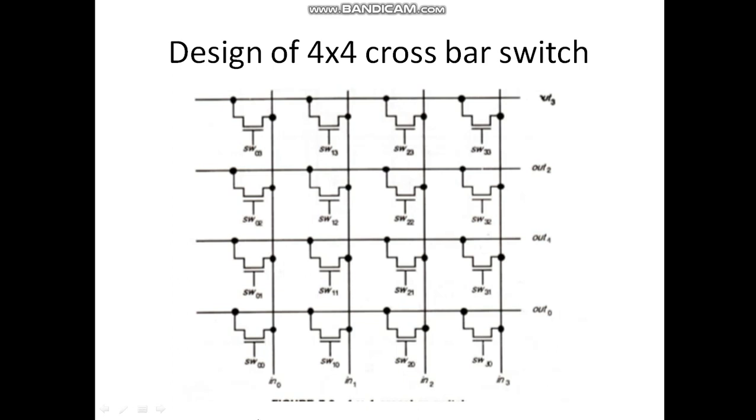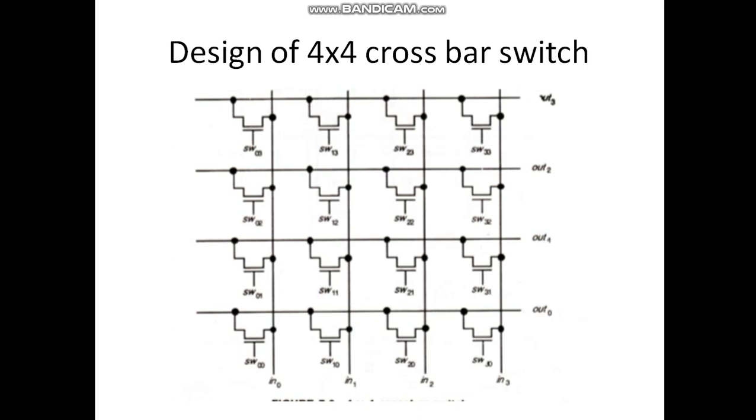Let us see how the NMOS works as a switch. When a logic high signal is given to the gate, this NMOS is turned on, and whatever is there in the input line is made available across the output line. Let me consider an example where SW00 is made 1.